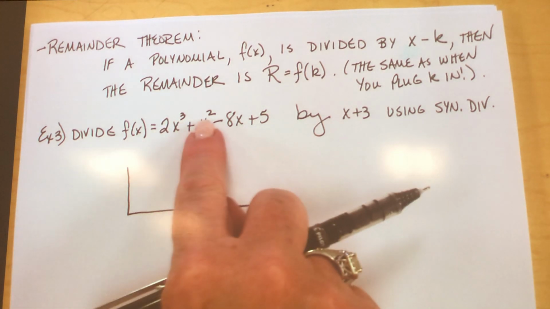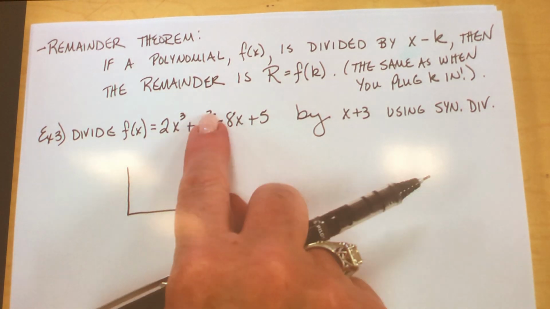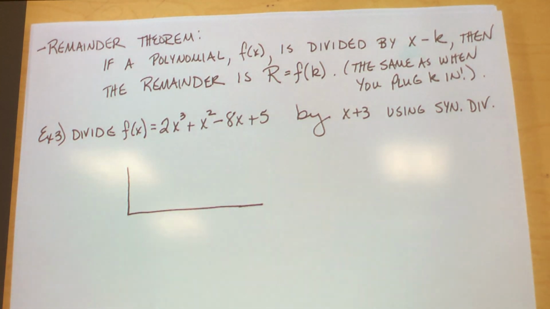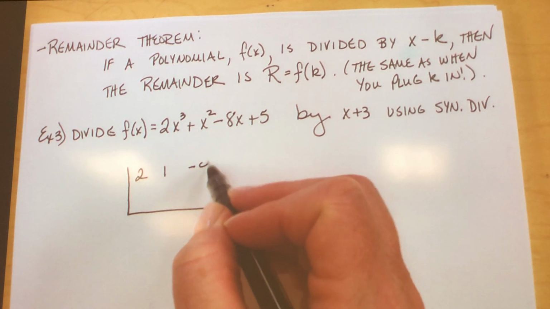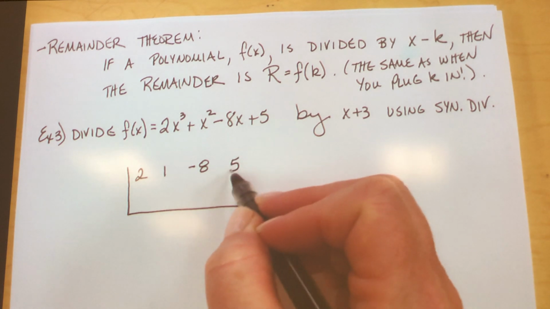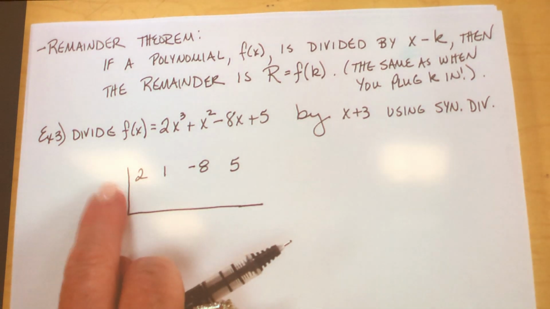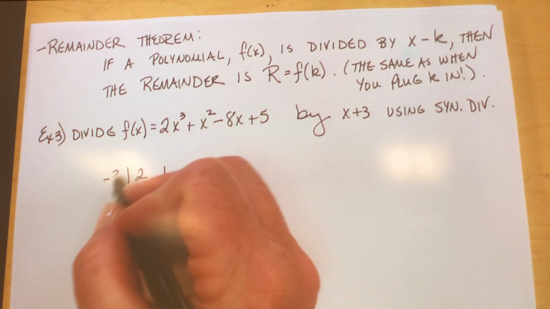Check those exponents, not coefficients. What goes out here, guys? Negative 3. Very good.